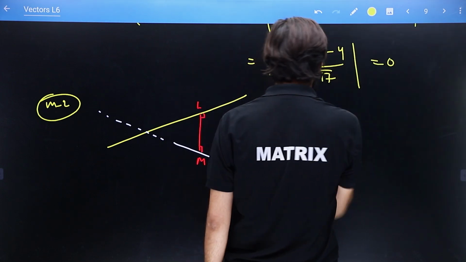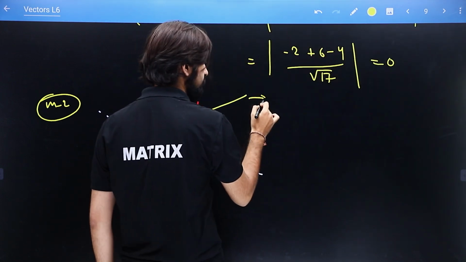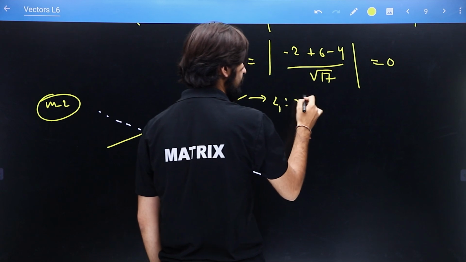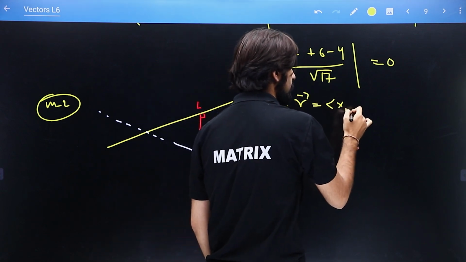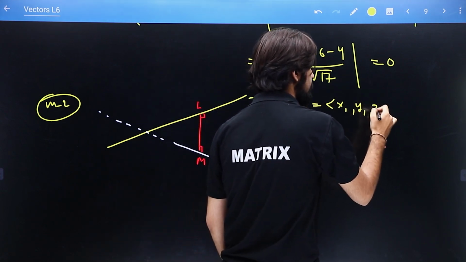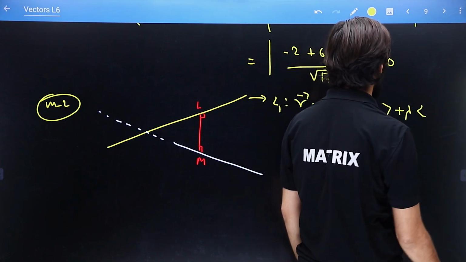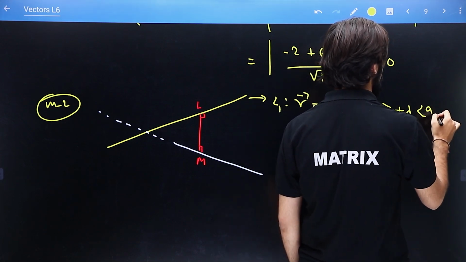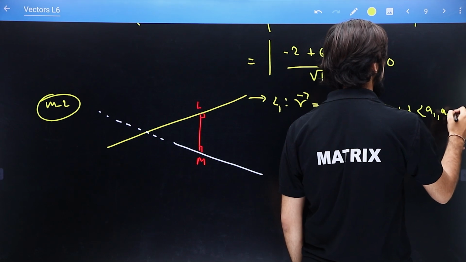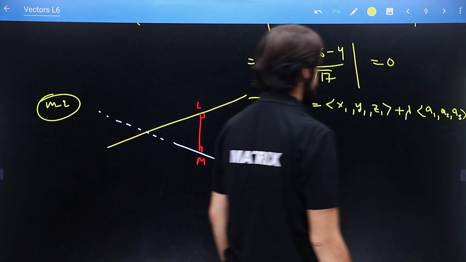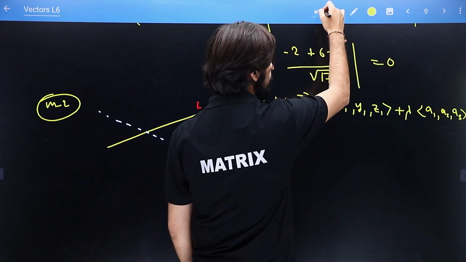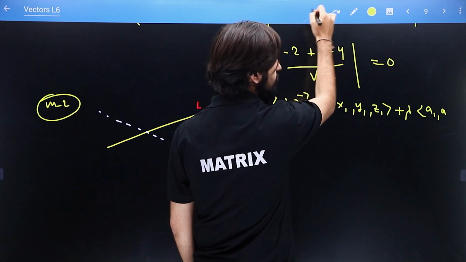What is the equation of L1? The equation of L1 will be vector r equals x1, y1, z1 plus lambda times a1, b1, c1. Here we are talking about 1, 1, 1, so we will write 1, 1, 1 in case of this.